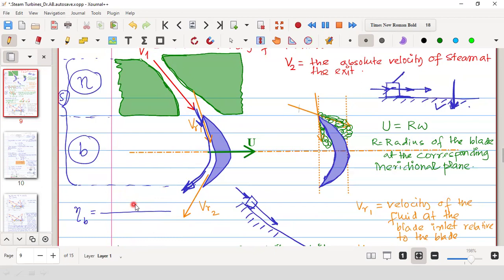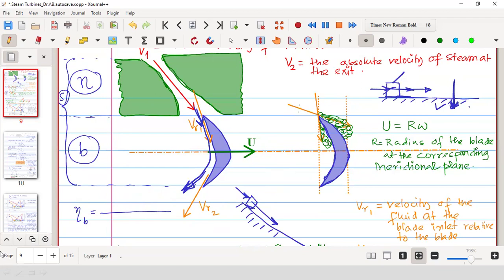Now, out of that, some of the energy was converted in the form of rotation of the blade. So that was available at the shaft. So on the top, you have the work done on the blade, and in the denominator, we have basically the work available from the steam.